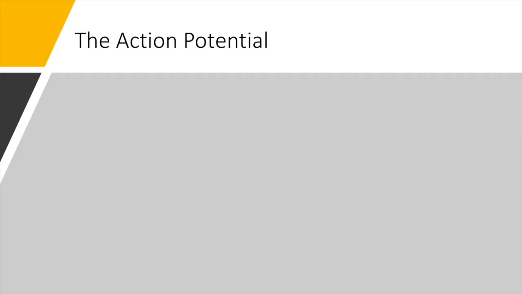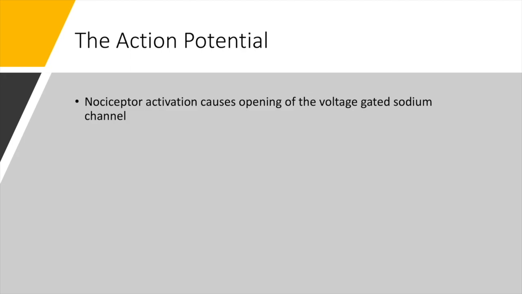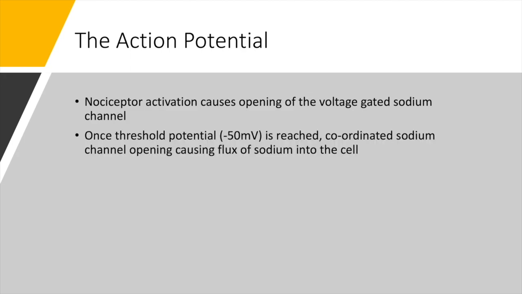How is the action potential formed then? So we have nociceptor activation. This causes opening of the voltage-gated sodium channel. Once the threshold potential, which is around minus 50 millivolts, is reached, this causes coordinated sodium channel opening, and that causes a flux of sodium into the cell.